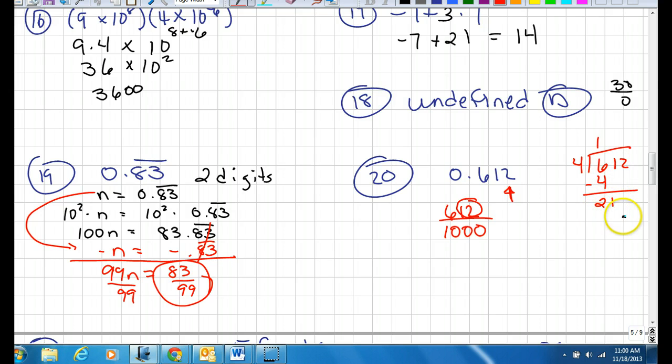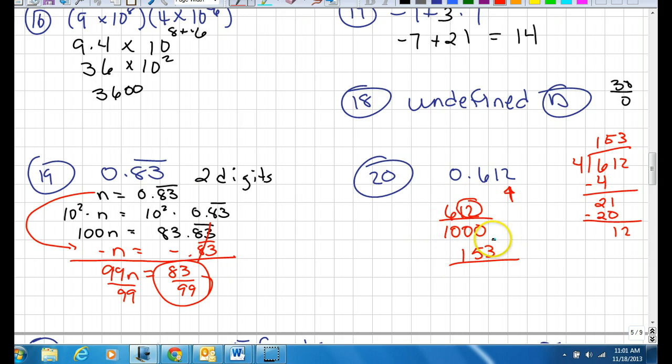Bring down the 1. 4 goes into 21 5 times. 5 times 4 is 20. Subtract it, you get 1, and I'm going to bring down the 2. And 4 goes into 12 3 times. So my final answer on this is 153.